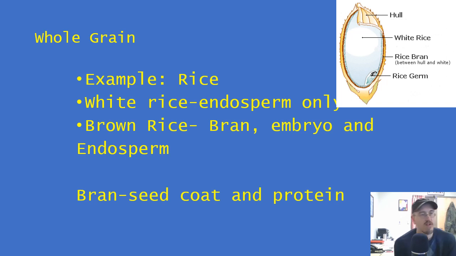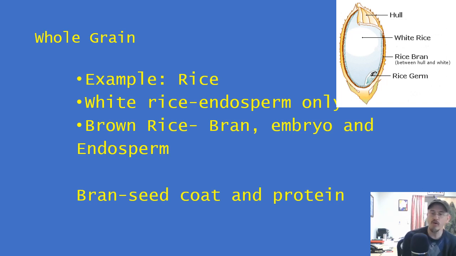So just to reemphasize, if you're eating grain, an example of a whole grain would be rice. If you ate just white rice, that's endosperm only. If you eat brown rice, that's the bran, which is basically part of the seed coat, as well as the embryo and the endosperm. The embryo is often called germ, like wheat germ.